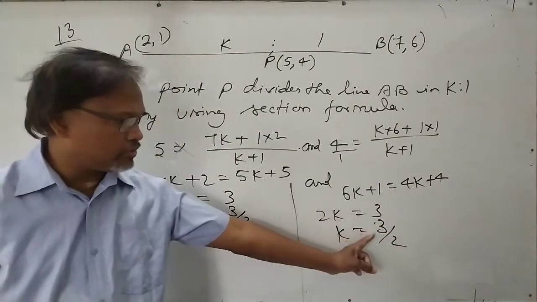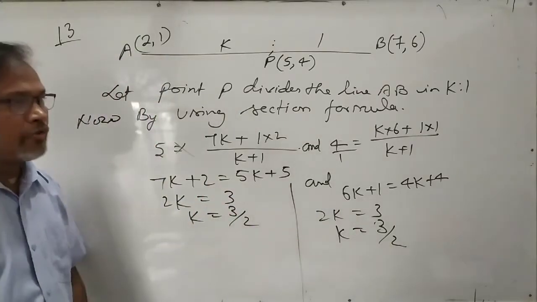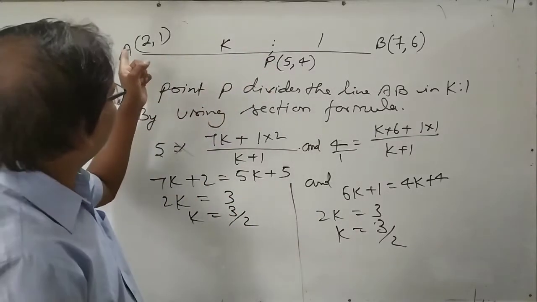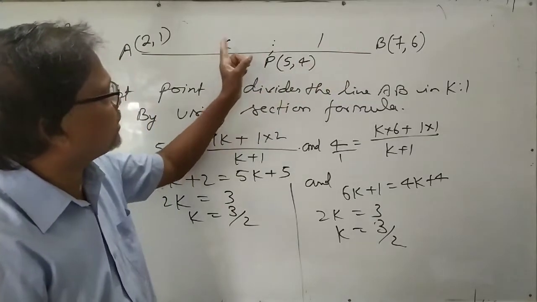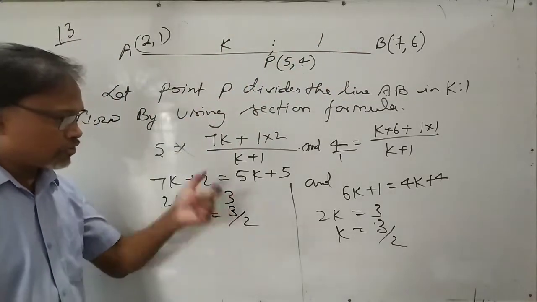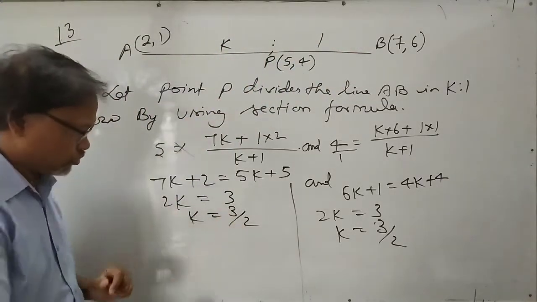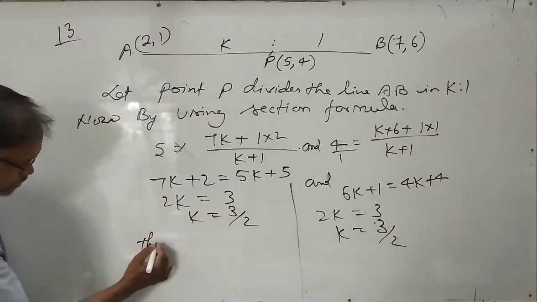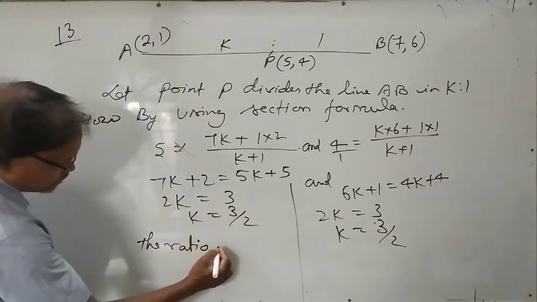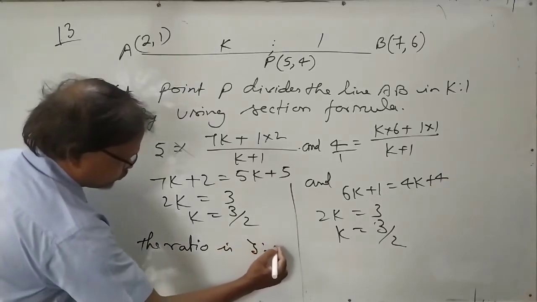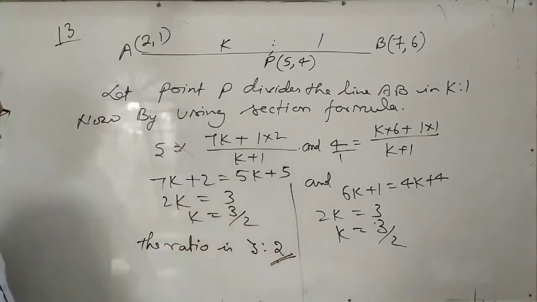So both values should be same if the point P divides the line AB in k to 1 ratio. And what is the ratio? 3 is to 2. This is the ratio.